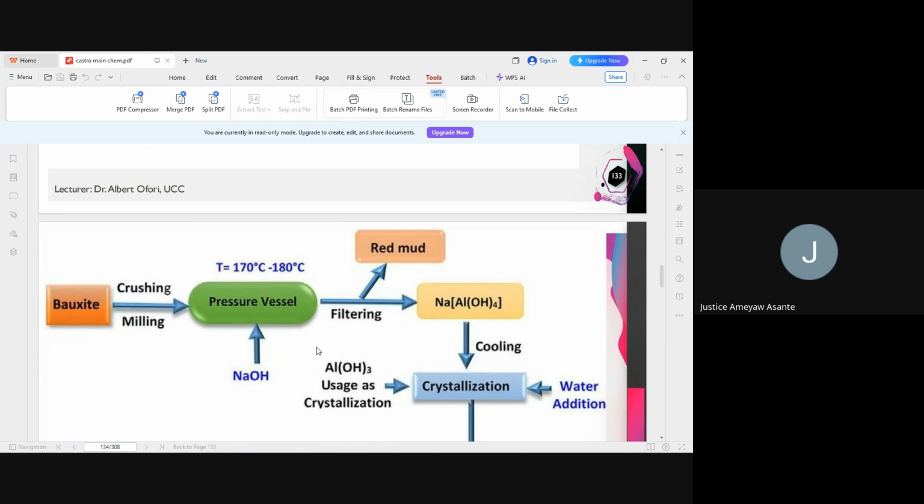So another way of illustrating the route: ore, crusher, milling. Then pressure vessel.